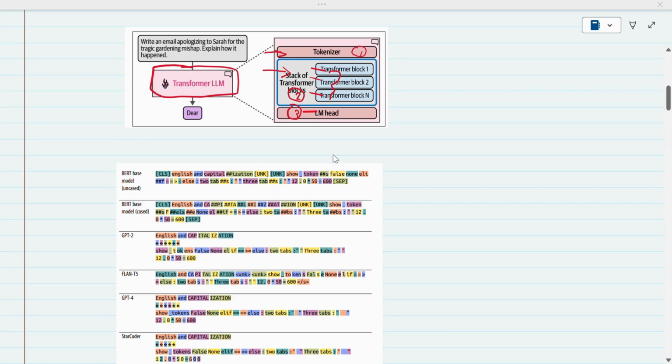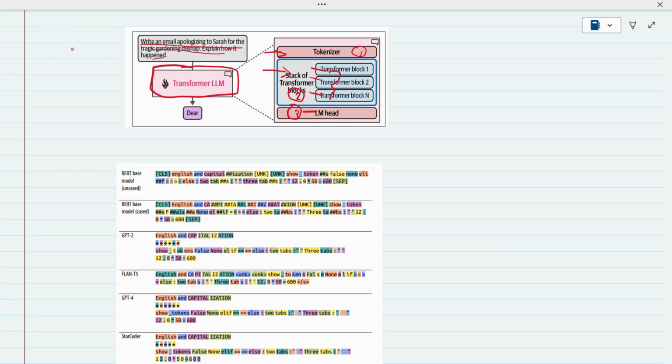As all of you know, computers don't understand text, so we need to convert it into numbers so that the computer can understand them.